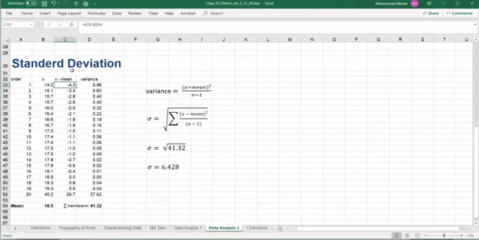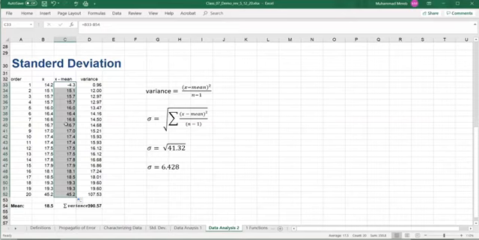So let's say we start over. If we say equal X minus, I click on the average here, and I click there, and if I drag, that's going to give you a wrong answer.